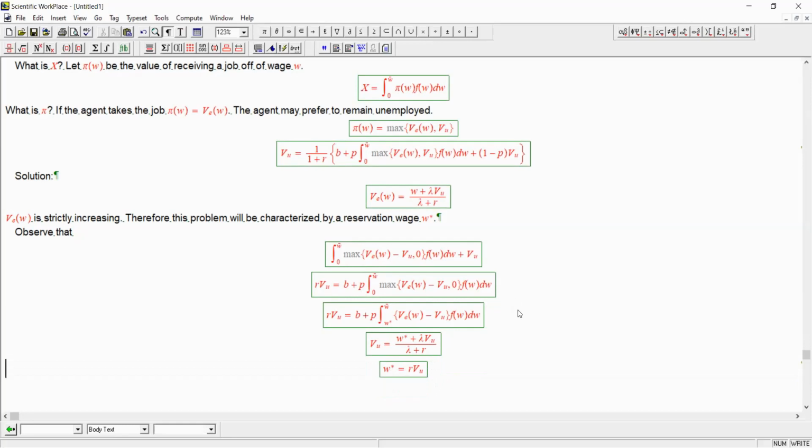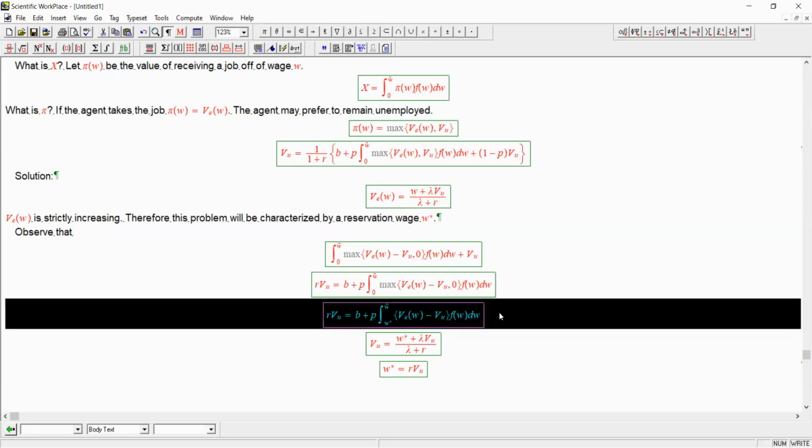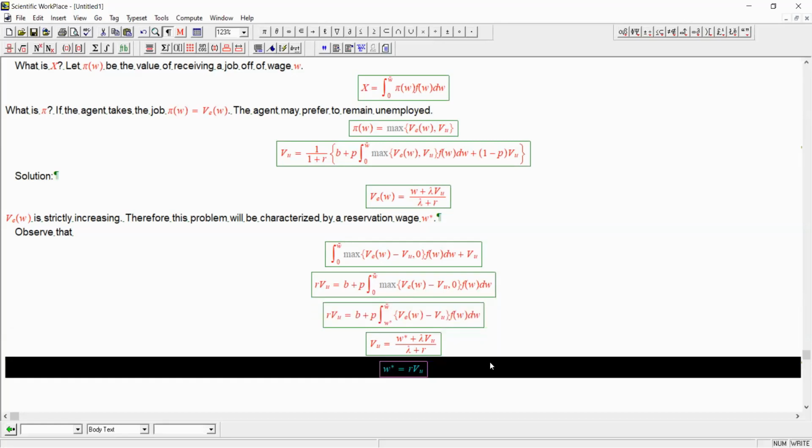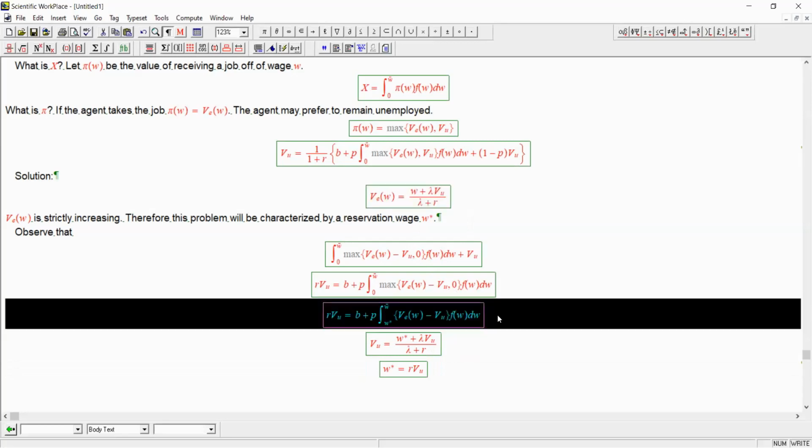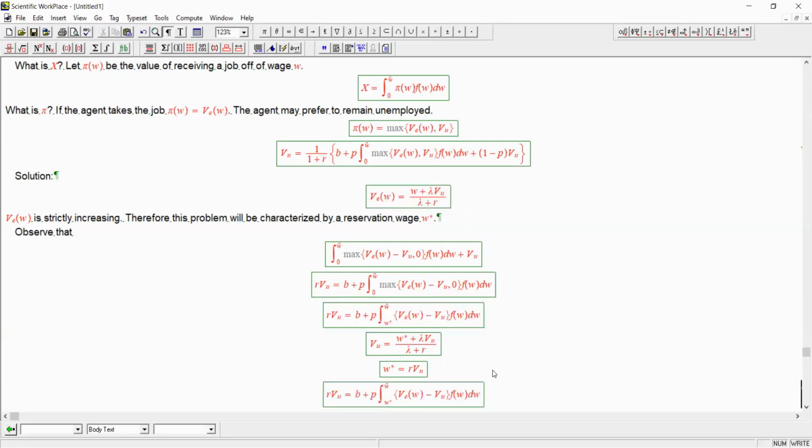So our equilibrium is characterized by two equations. One is this one, which tells us almost everything we need to know. The other one is this one. Third, we have this, but we can plug that into here and eliminate VE altogether.